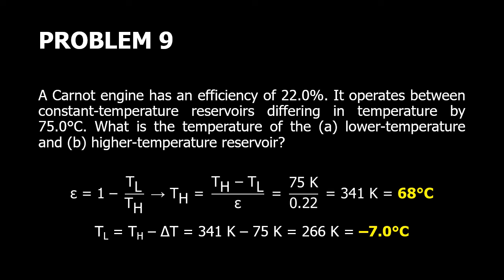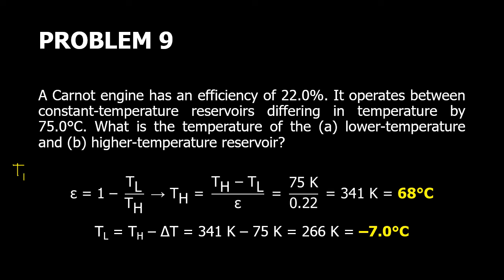And the formula for the efficiency of a Carnot engine is efficiency equals 1 minus low temperature over high temperature reservoir. For the change in temperature, we are given high minus low.